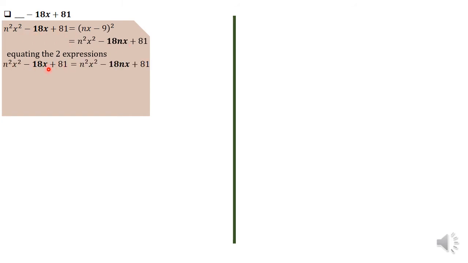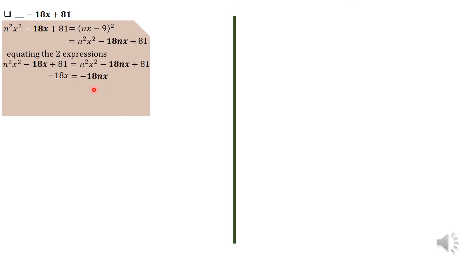The reason is the square root of the first term is nx, the sign of the middle term is minus, the square root of the 81 is 9. Therefore, it's just going to be this particular way, which will expand to get this. And having expanded, we equate the two expressions, this expression and the other one there. So we just get this expression must be equal to the other one there, and equating the two middle terms, minus 18x must be the same as minus 18nx.